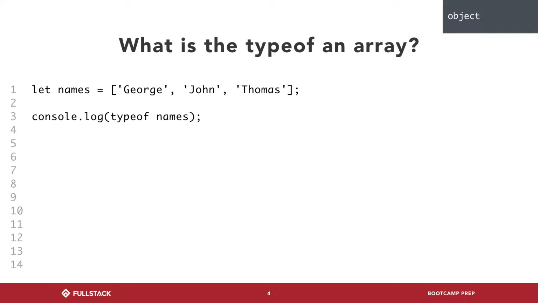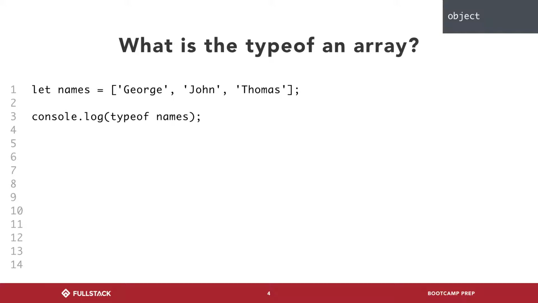Arrays in JavaScript are actually just another application of an object. So all this slide is trying to tell you is that if you want to figure out whether or not something is an array, using typeof is not your best tool. Because if you do typeof an array, you get back object. But if you do typeof an object, you will also get back object.